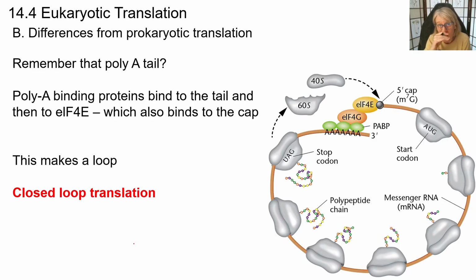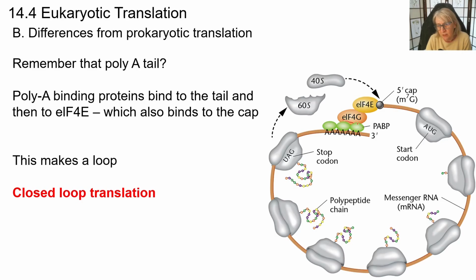Remember that poly A tail, we've used it in chapter 20 to reverse transcribe something. This poly A tail is also used as the mRNA leaves the nucleus to mark that it's finished, to keep it from being degraded. It is also essential in the translation process. At the end of the mRNA transcript, this running off at the end is also bound to an initiation factor.